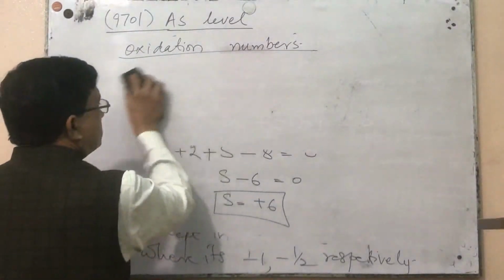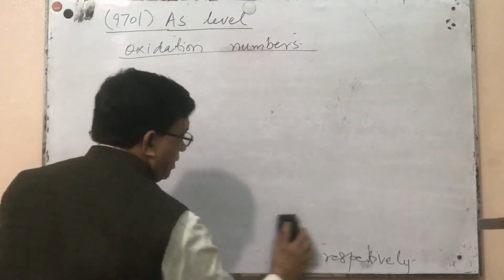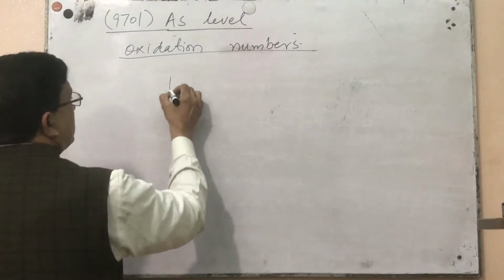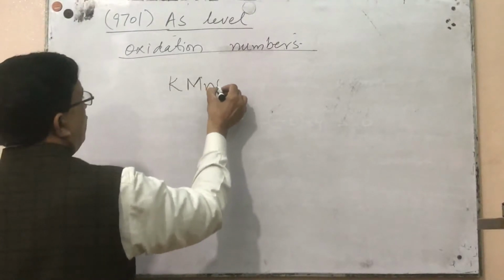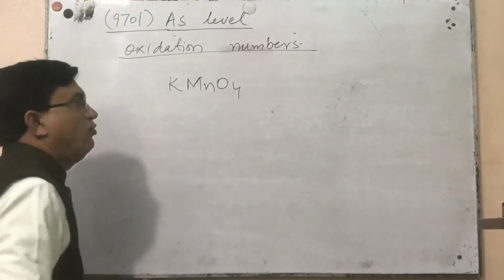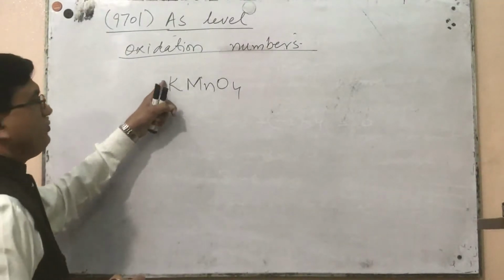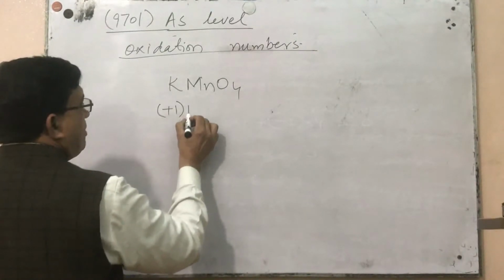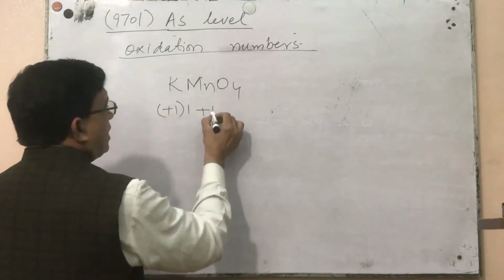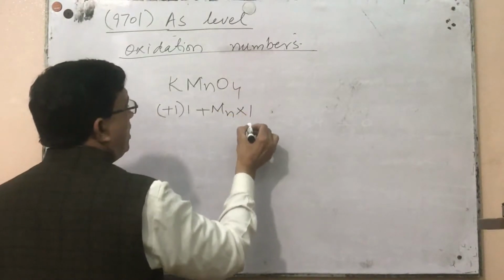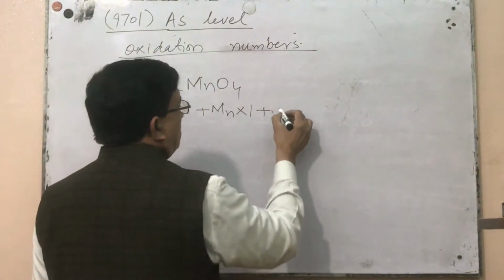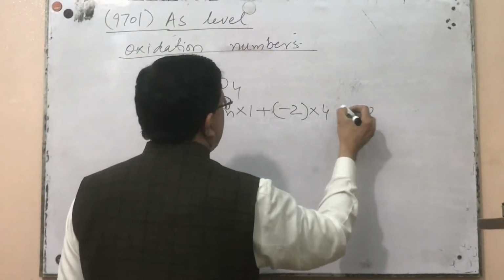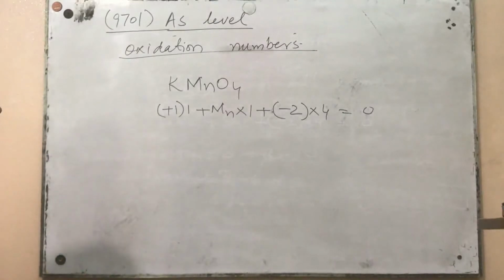Similarly, if we have to find out the oxidation state of, for example, KMnO4, this is a first group element with +1 oxidation state multiplied by 1, plus Mn multiplied by 1, plus -2 multiplied by 4, is equal to 0, because the overall oxidation state is 0.